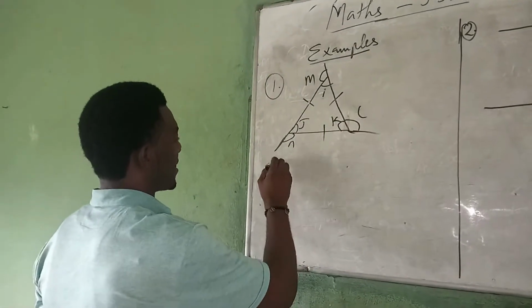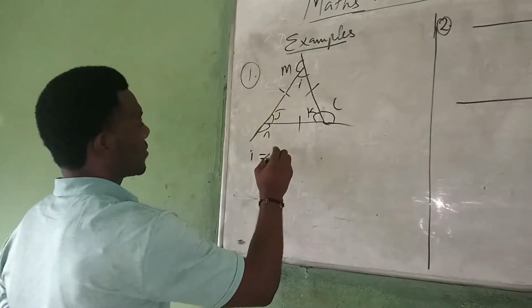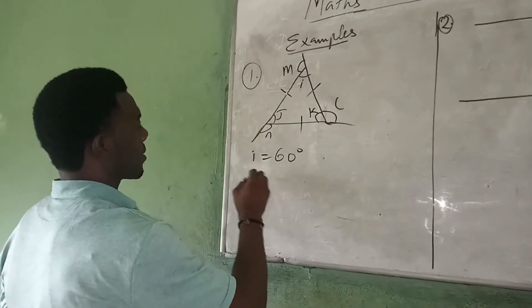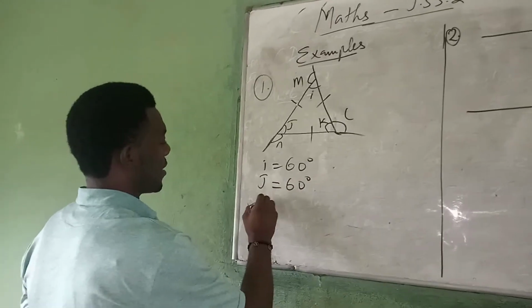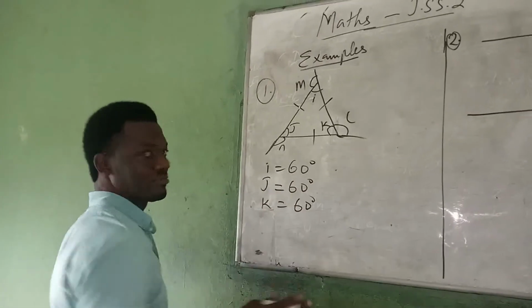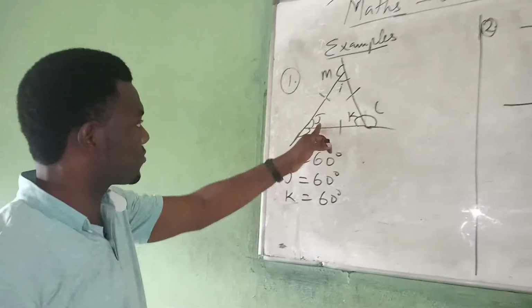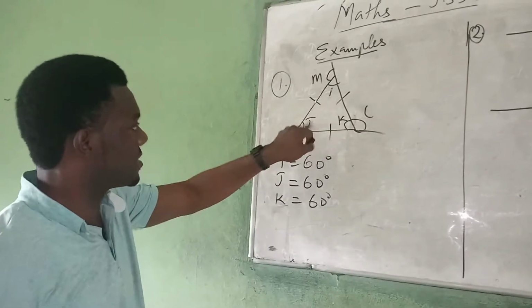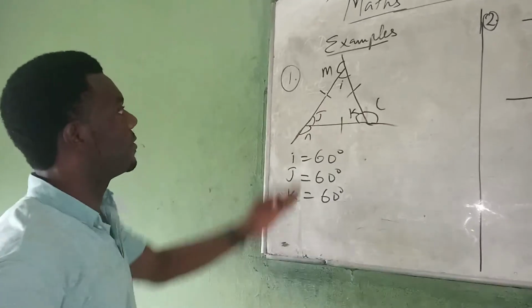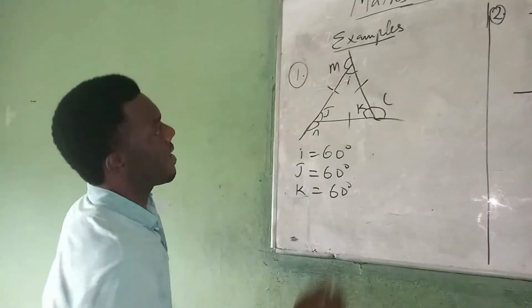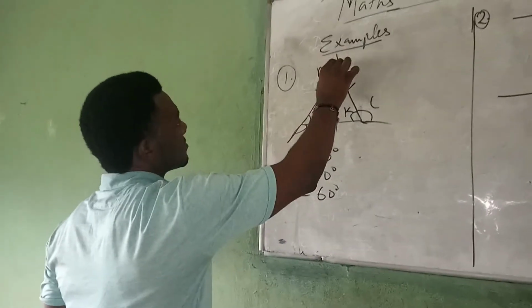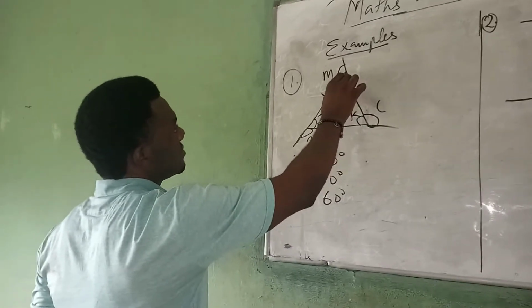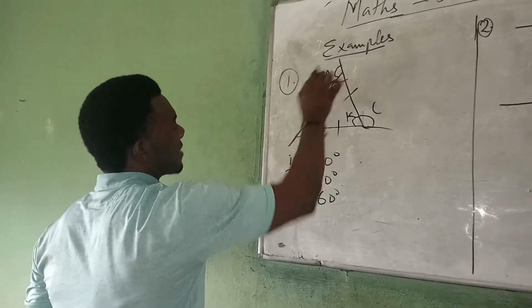So with this we can say I equals 60 degrees, J equals 60 degrees, K equals 60 degrees. So we have applied the rule to say that this is 60, this is 60, this is 60. Now we are going to find M. M is a line extended. You see, there is a line that connects this angle and this angle.